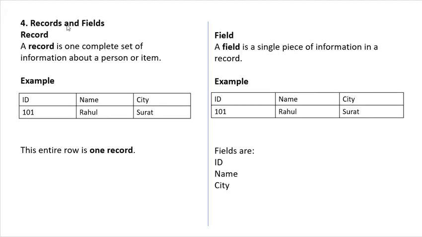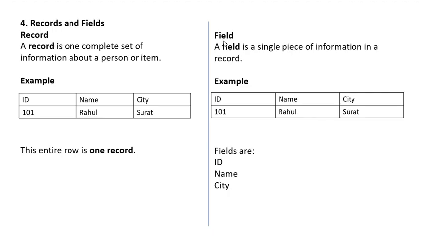Fourth is record and field. A record is one complete set of information about a person or an item. A record means a row, with ID, name and city. 101, Rahul, Surat is one record, otherwise called one row, and this entire row is one record.